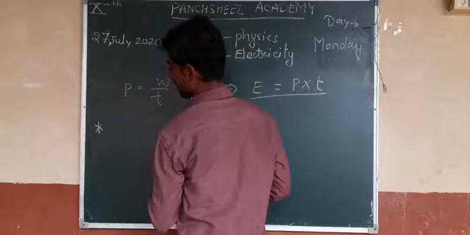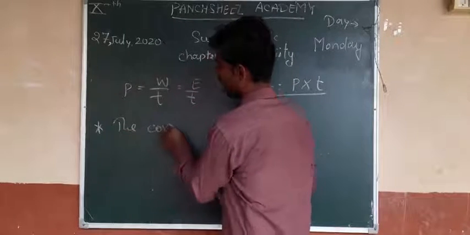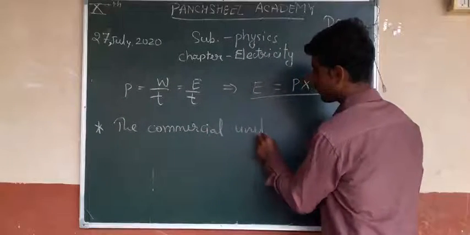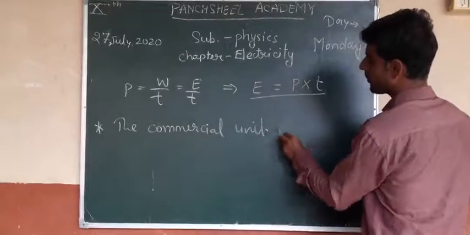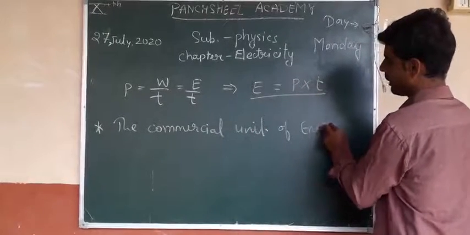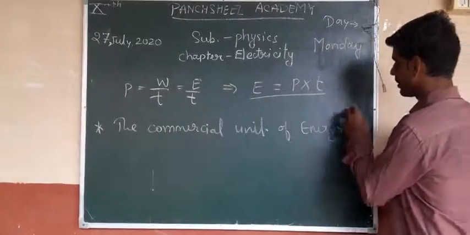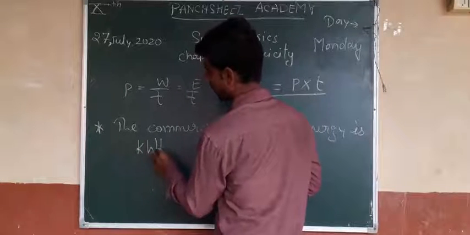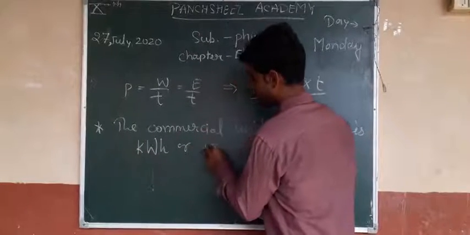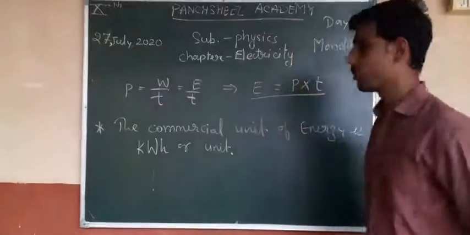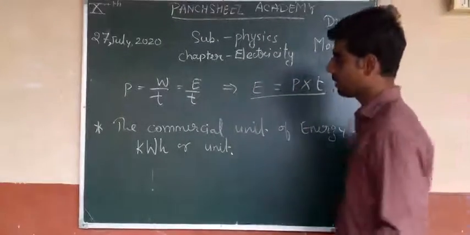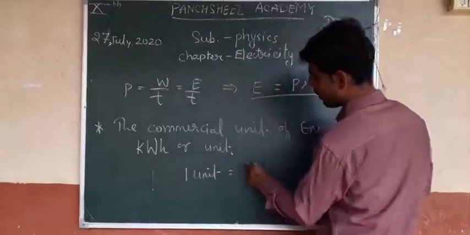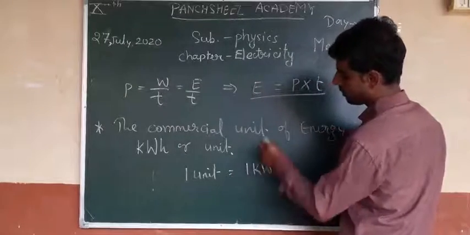One important thing, the commercial unit of energy is kilowatt hour or unit. 1 unit equal to 1 kilowatt hour.